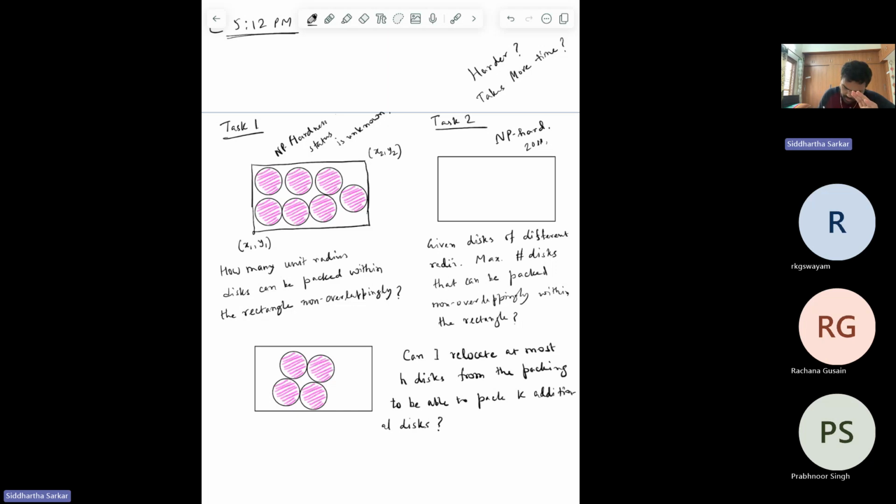So you have two parameters, k and h, and your objective is to design a fixed parameter tractable algorithm. So is the question clear?